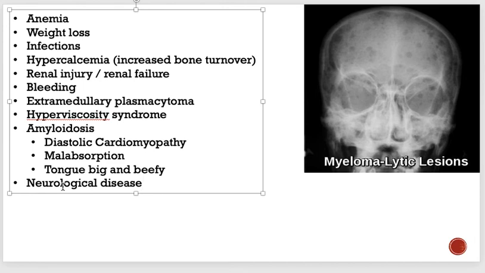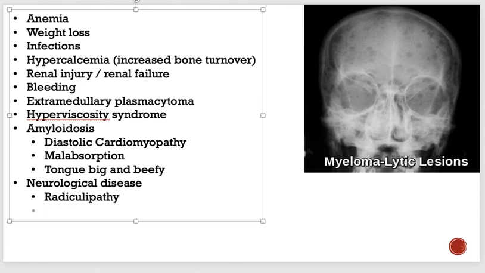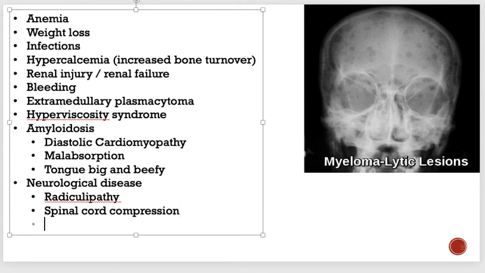Because many times their vertebral column gets fractured. Whenever the vertebral column gets fractured, they may have either radiculopathy, meaning the nerve root is compressed, or spinal cord compression, which is a medical emergency. Remember, guys, spinal cord compression is a medical emergency.